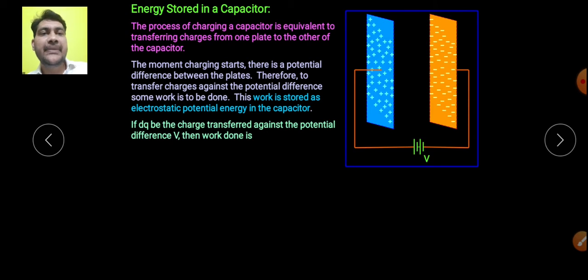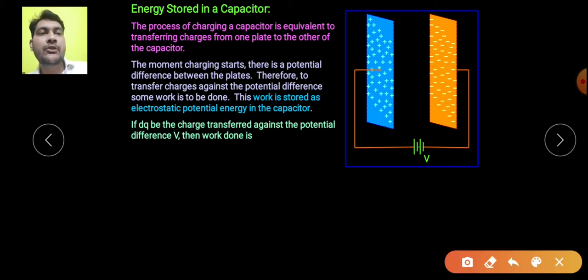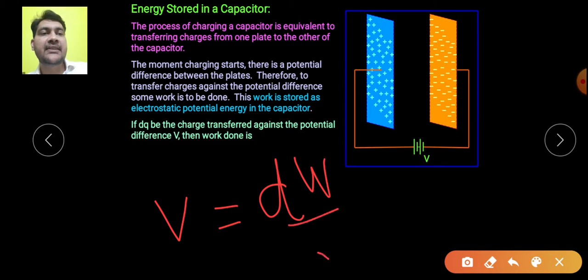Let dq be the charge transferred against the potential difference V. Suppose these plates are at a potential difference of V and dq is the amount of charge transferred between these plates. Then what is the work done? By definition, potential difference is equal to work done per unit charge.